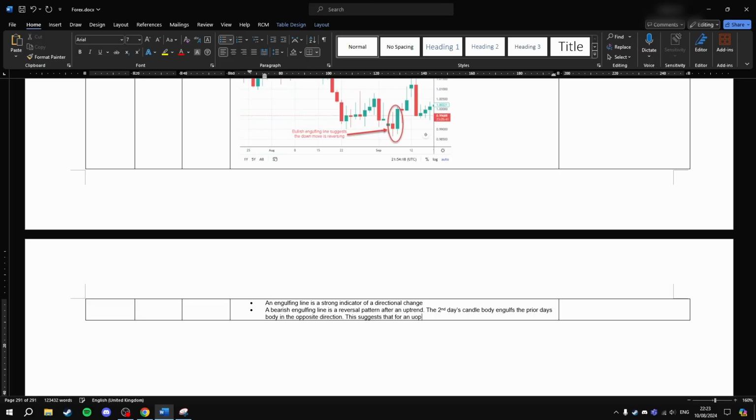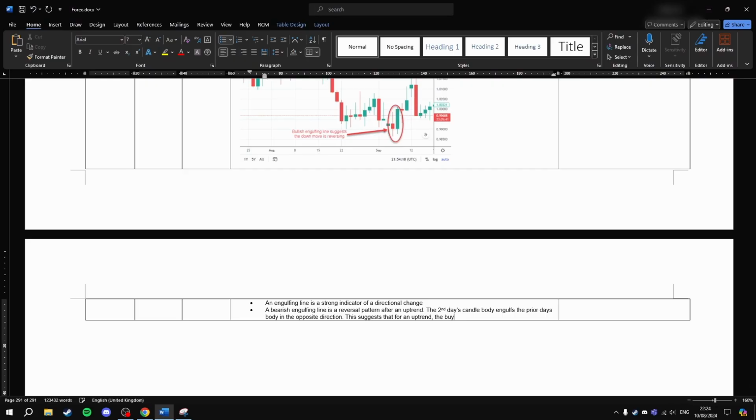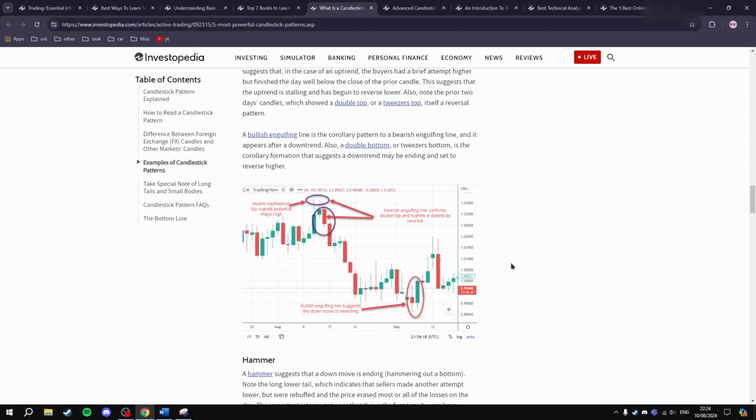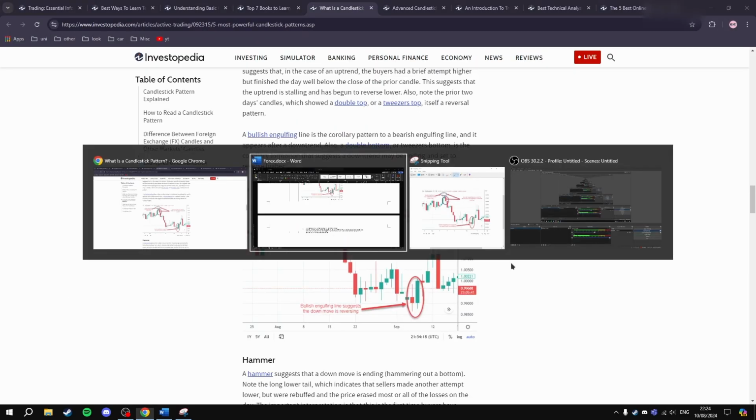The buyers had a brief attempt higher, but finished the day well below the close of the prior candle.